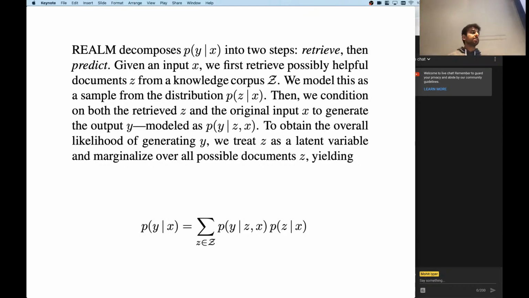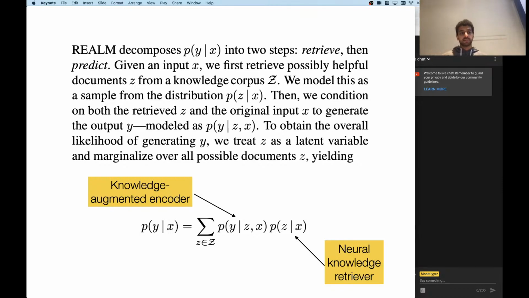There are some tricks associated with getting this to work. The models that you're using to get the dense representations of X and the documents Z need to be pre-trained so that the inner products are meaningful when you start training. If you randomly initialize the models responsible for computing those representations, this doesn't work at all. So there are some tricks needed to get this to work.